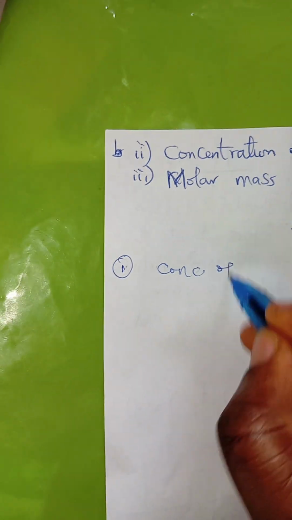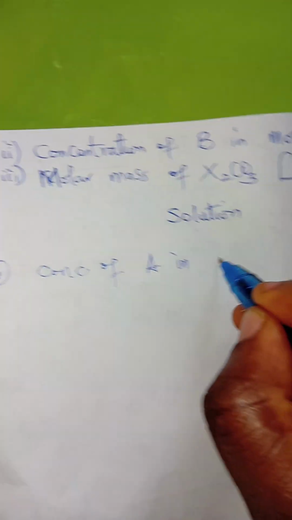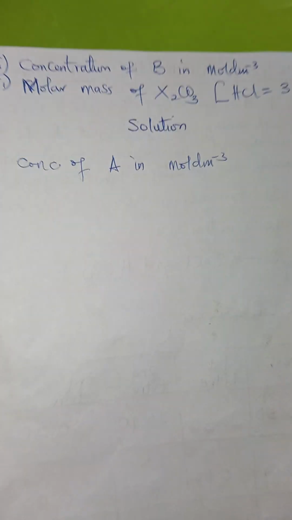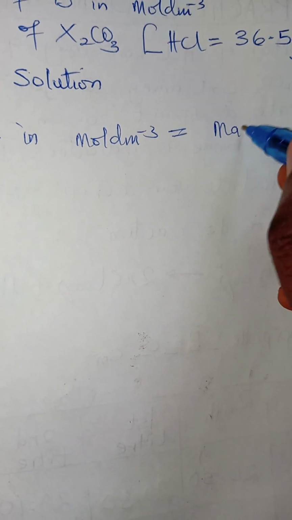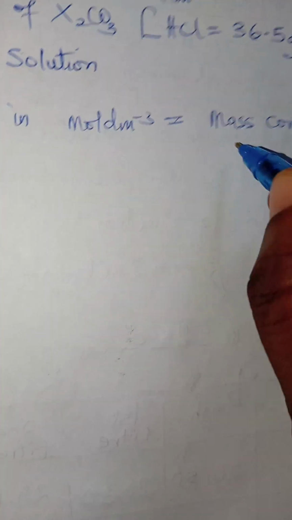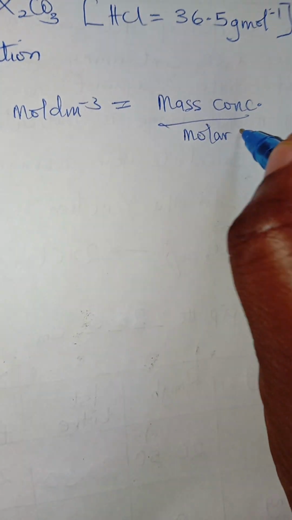All right, let's answer number 1. Concentration of A in mole per dm cube. This is the molarity. How do we calculate concentration of any substance in mole per dm cube, be it an acid or a base? Since the molar mass of the acid is given to you already, we're going to use molarity equal to mass concentration over molar mass.